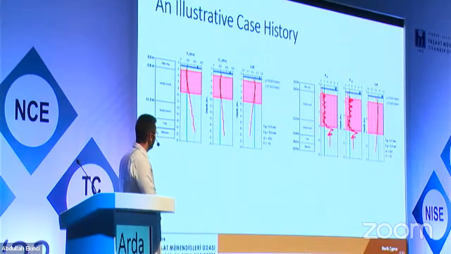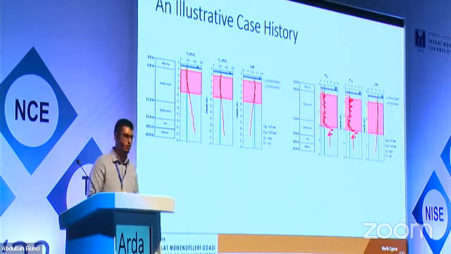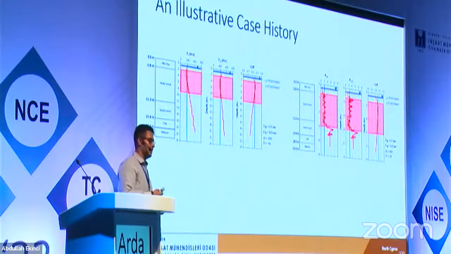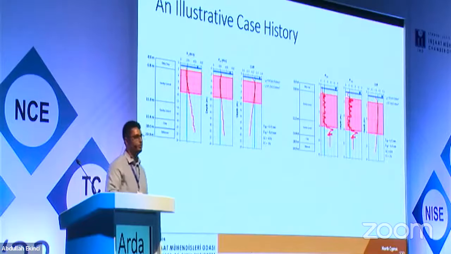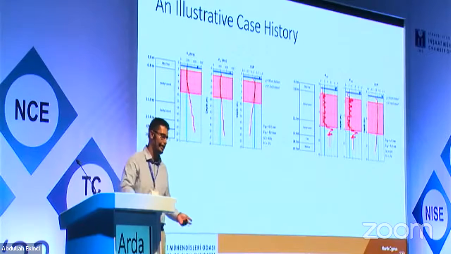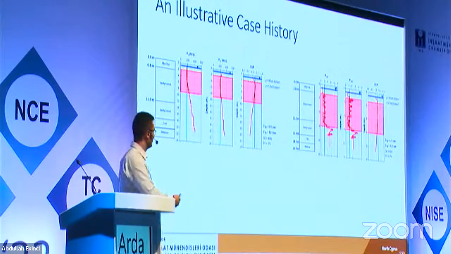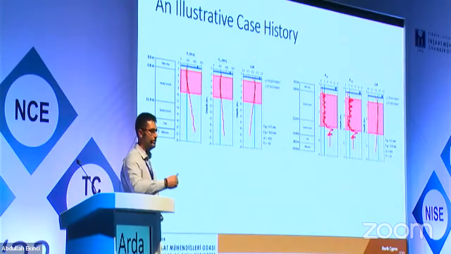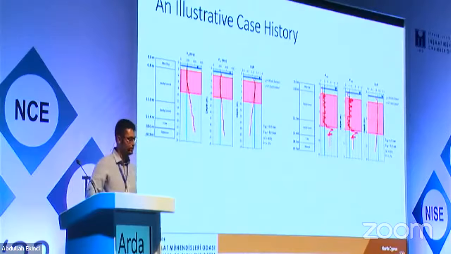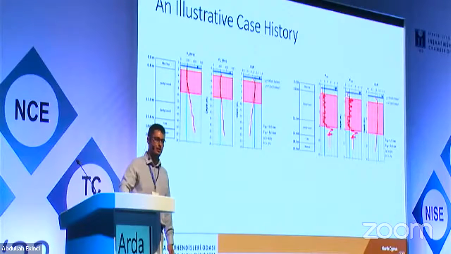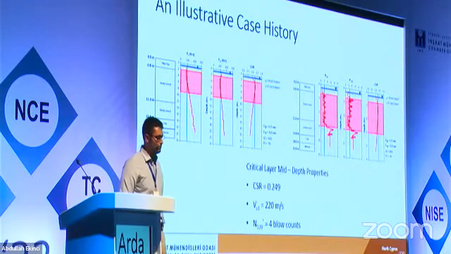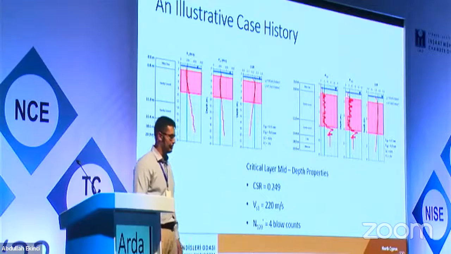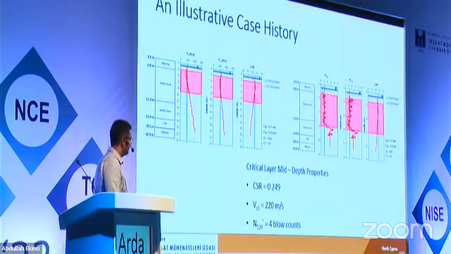First of all, it should be below the groundwater table level, and it should be a soil unit that is probable to liquefy. After that, I selected it by using the VS or DPT measurement with the lowest resistance and highest CSR value. For the properties of this critical layer, I obtained these values.